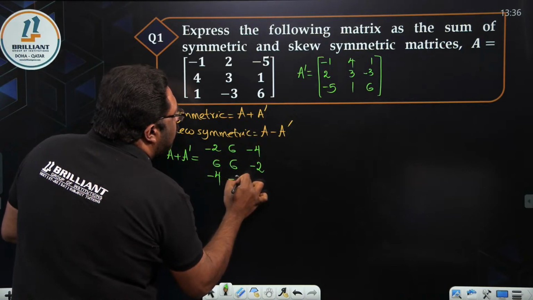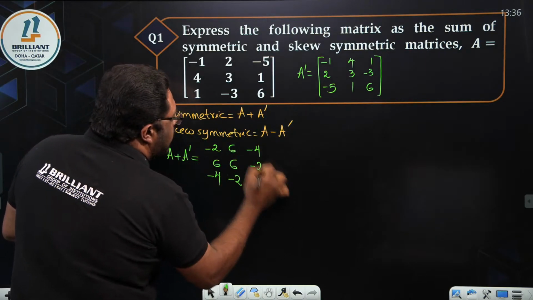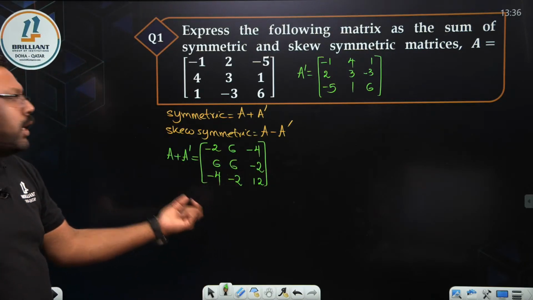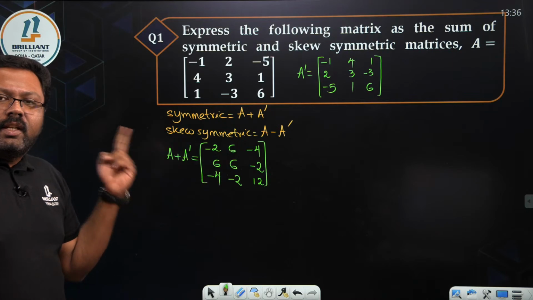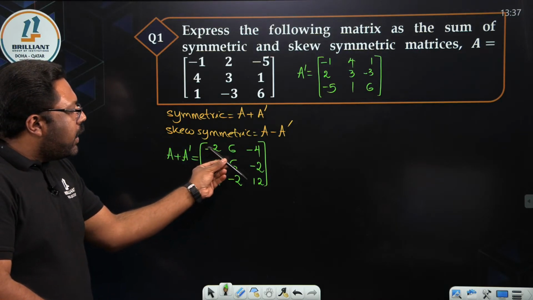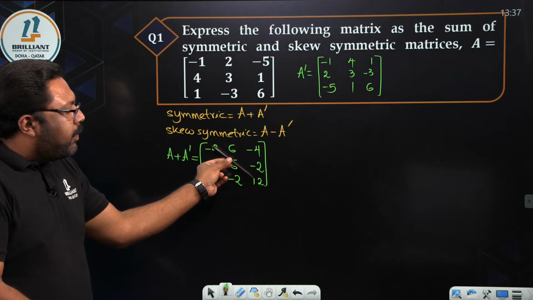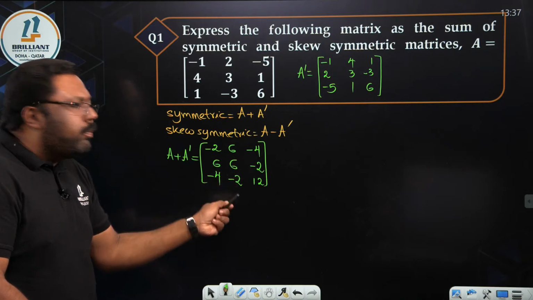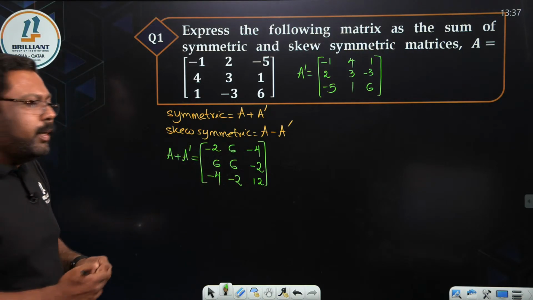Minus 3 plus 1, minus 2. 6 plus 6, 12. I got the matrix A plus A dash, which definitely is symmetric. If you want, you can cross check. Just look at the elements above and below the diagonal. It's exactly the same, so it is a symmetric matrix.